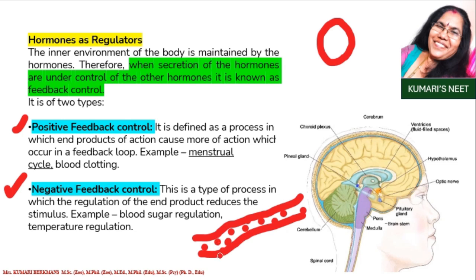And one more, temperature regulation. When the outside temperature is high, our body also gets heated up, so that has to be regulated, and that is done by the hormones. So as regulators, we have seen there are two: one positive and one negative.